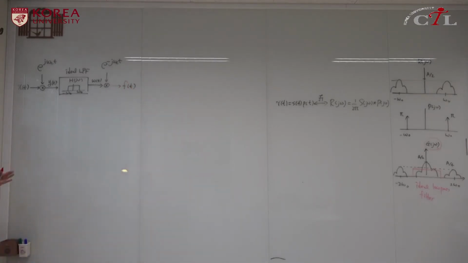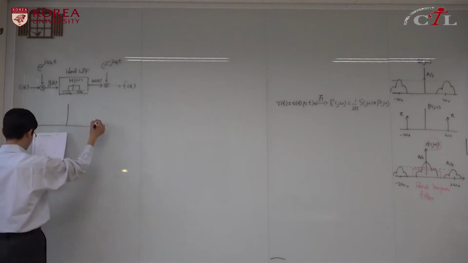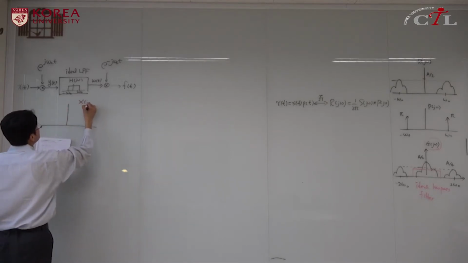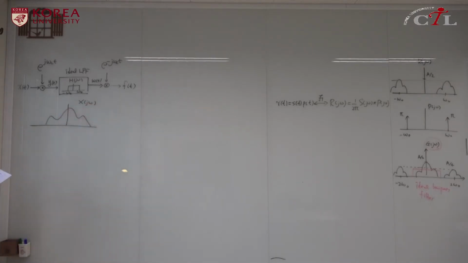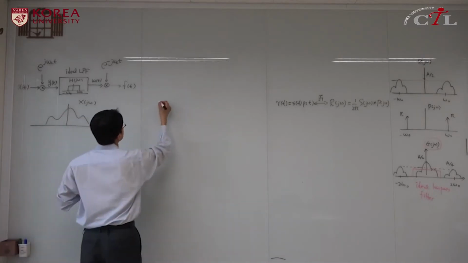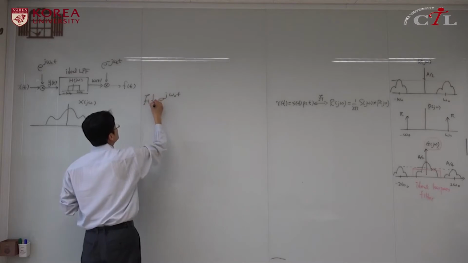And let's see what happens here for any given signal. Then we may assume that any given signal is of this kind of form. Okay, X(jω), let's say this is this kind of form relative to ω. And if this is multiplied, what is this Fourier transform?